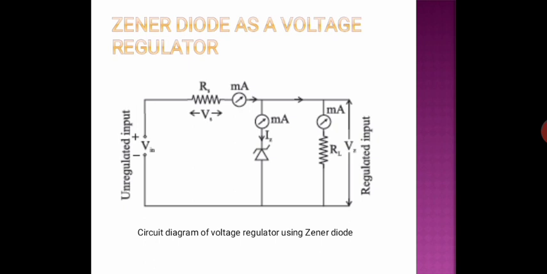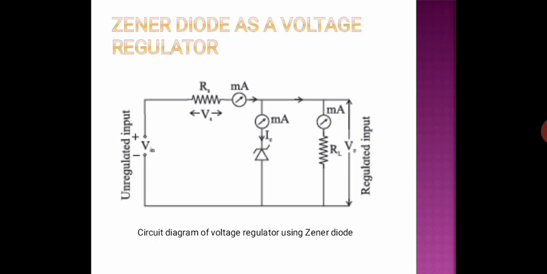Now we discuss the working of the Zener diode as a voltage regulator. When the input unregulated DC voltage V across the Zener diode is greater in magnitude than the Zener voltage Vz, the diode works in the Zener breakdown region. The voltage across the diode and load resistance RL is then Vz. The corresponding current in the diode is Iz.